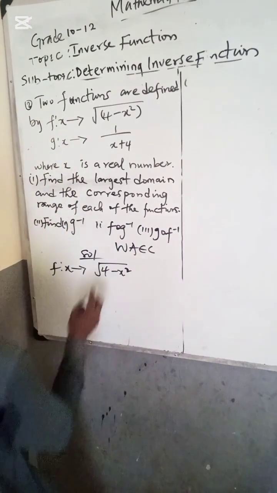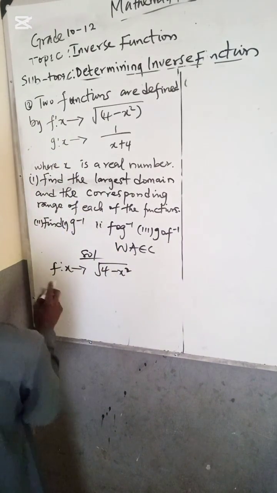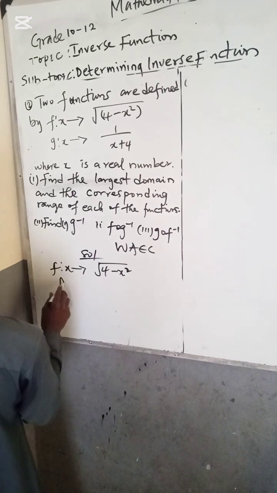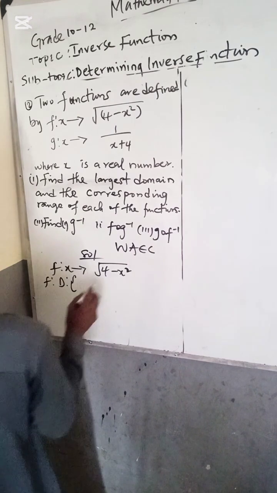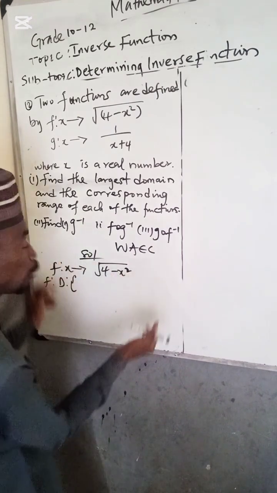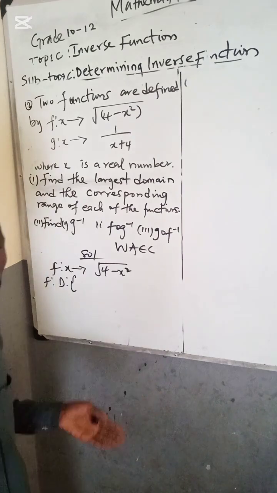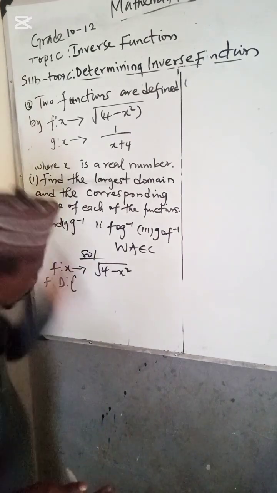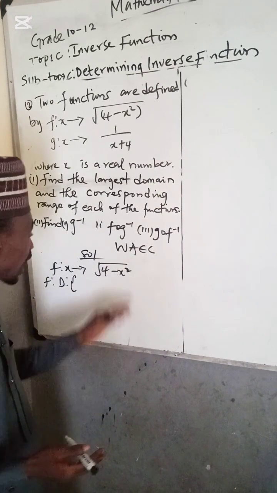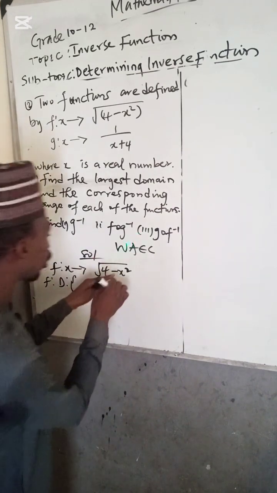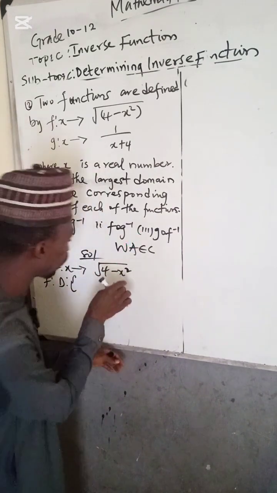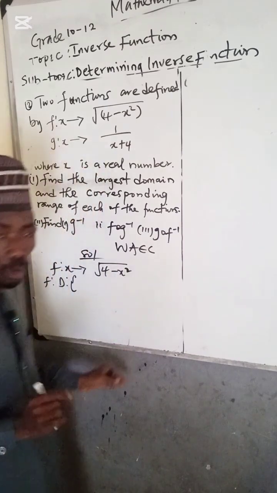Now, a quick one: the domain of this function f is what? If it's a real number, it's all the negative numbers and all the positive numbers, the rational numbers, the irrational numbers. But there is a catch here.